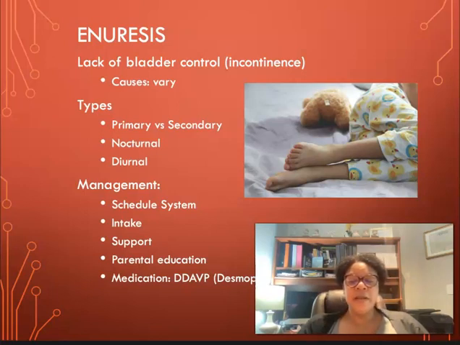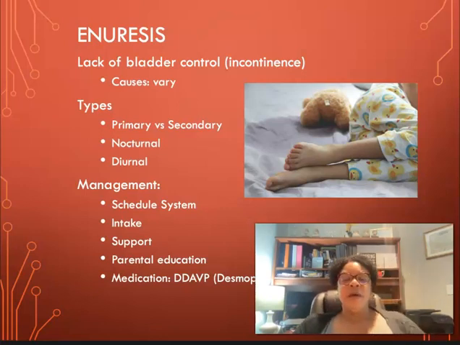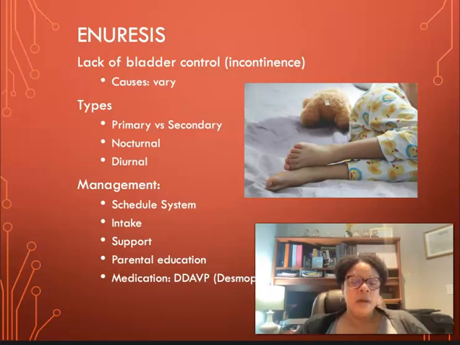If it's secondary, they have achieved potty training for at least 3 months, and then they end up going backwards and having some bedwetting. Wetting can happen during the day or during the night, so don't think of it only as a nighttime thing.